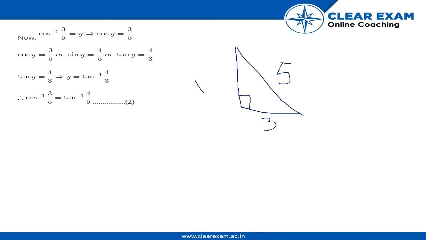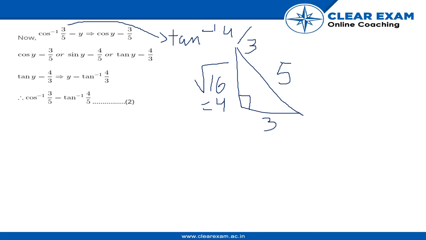So this side by Pythagoras theorem will be the root of 25 minus 9, that makes it 16. Root 16 is equal to 4. So cos inverse 3 by 5 directly got converted into tan inverse of 4 by 3.